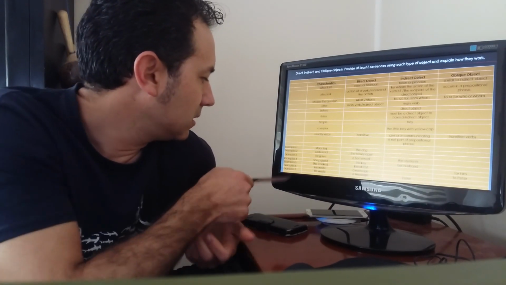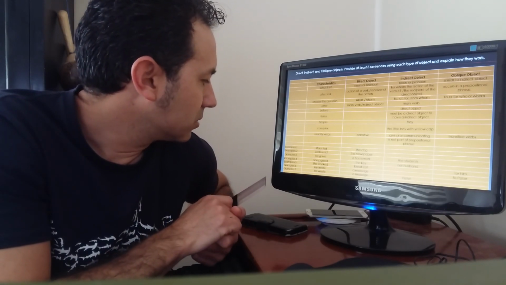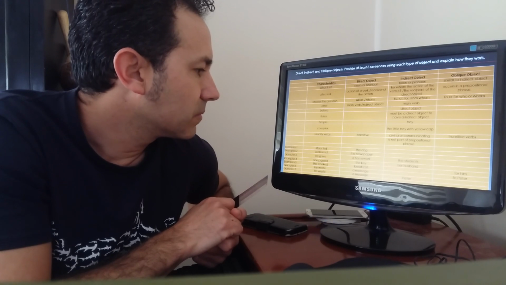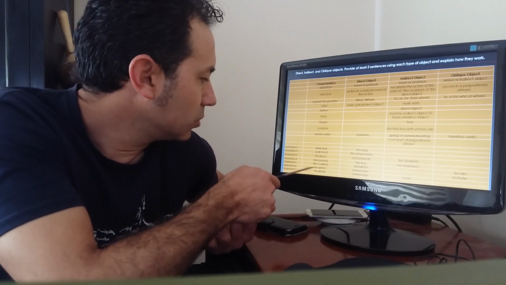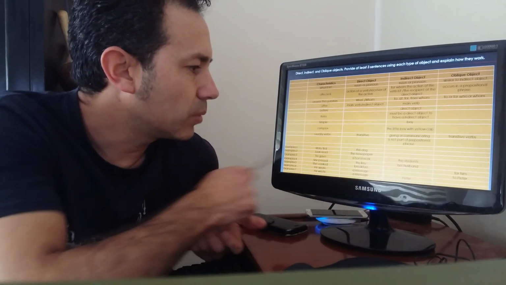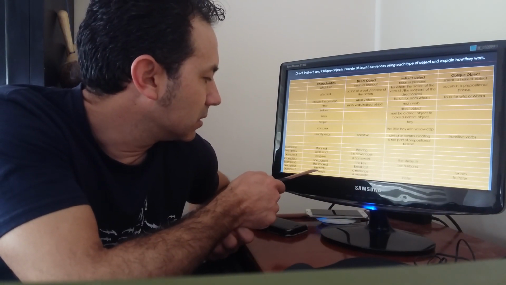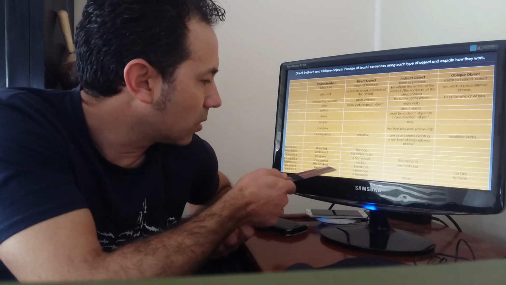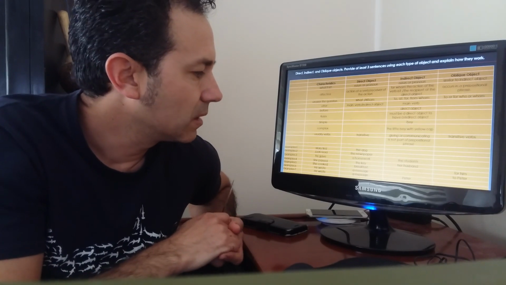Okay, at the end we have these examples about the oblique object. The oblique object is more like a prepositional phrase. The example is: he wrote a message for him.